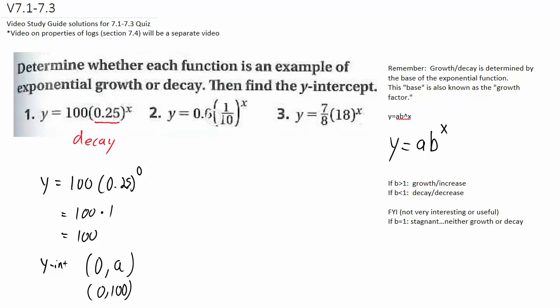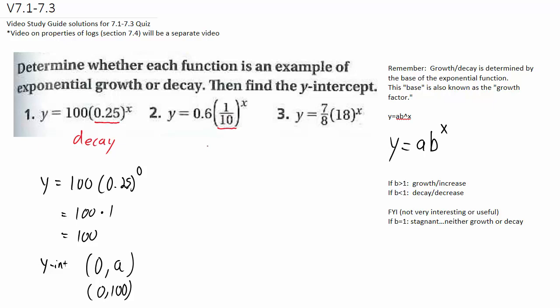Now, for the next one, even though we have a fraction right here, we don't care about that as far as growth or decay. We're only looking at the base to determine if it's growth or decay. Since this is a fraction, specifically a fraction that's less than 1, this is decay. If it was an improper fraction, something greater than 1, like 1.5, that would be growth.